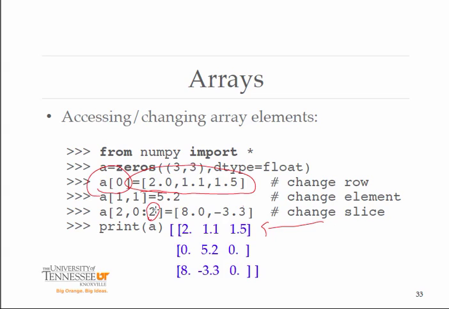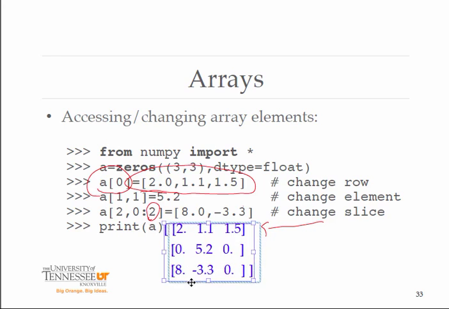So that means starting with 0 but up to, but not including 2. That is really just 2 elements of that column. It's the first 2 elements, the first 2 columns in that particular row. So it only manipulates the 8 and the negative 3.3, which it's going to get from the list.